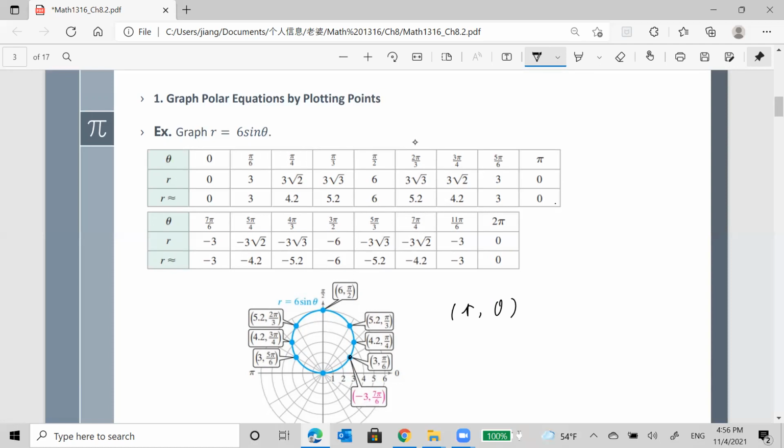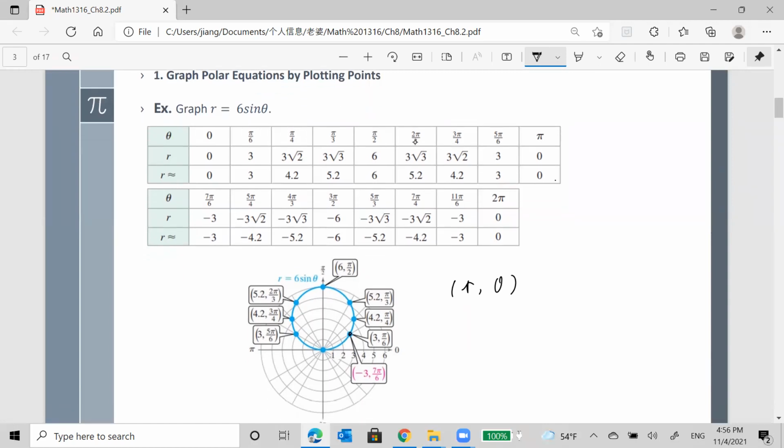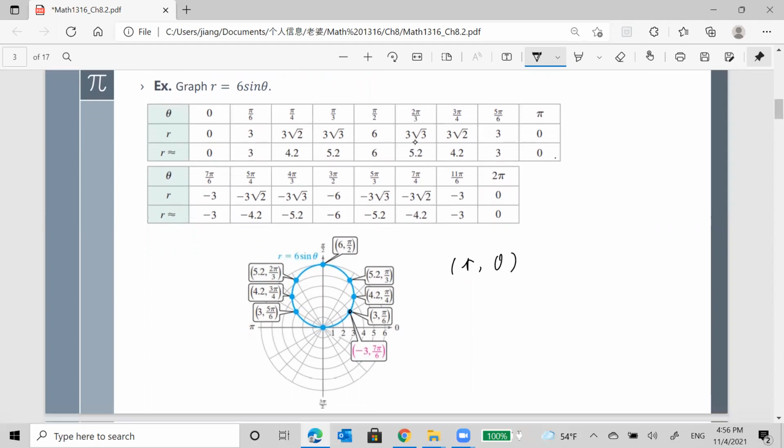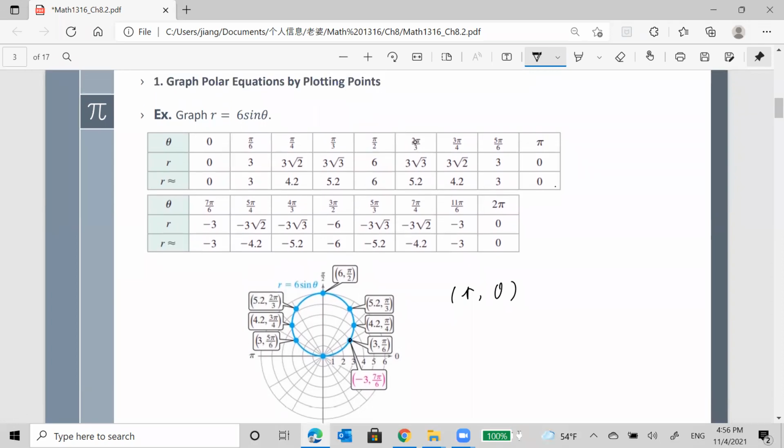And then continually, we can plot all of these points on the graph. Then I got a shape like a circle. So this is a graph for r equals 6 times sine theta. This is how we plot the points and find the graph.